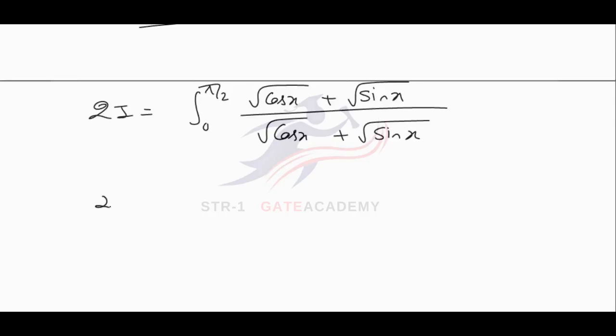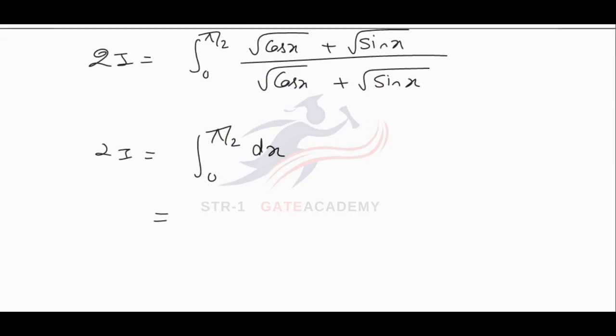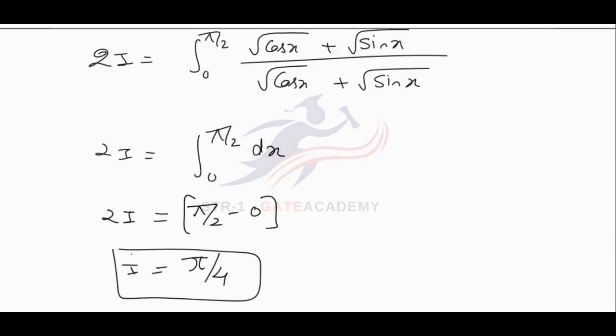So can I say that 2I is nothing but the integration of 0 to pi by 2 of dx, or integration of 1 will be x, which is pi by 2 minus 0. So 2I is pi by 2, and I is nothing but pi by 4. That's your answer. This is what you want.